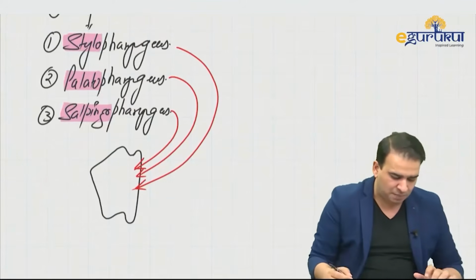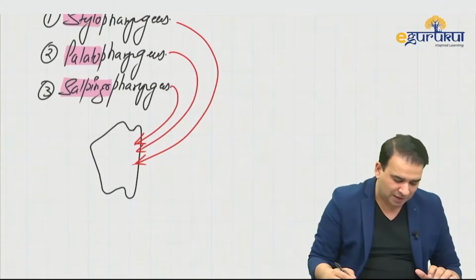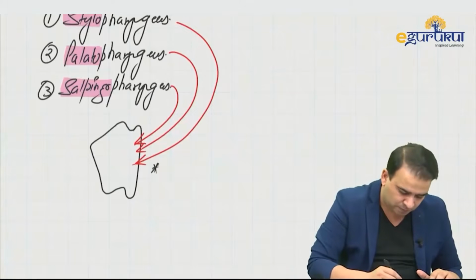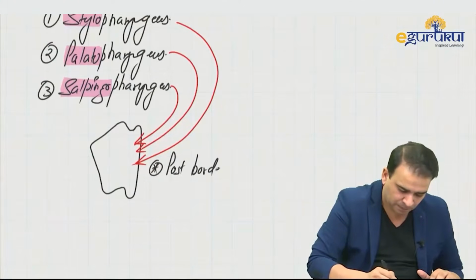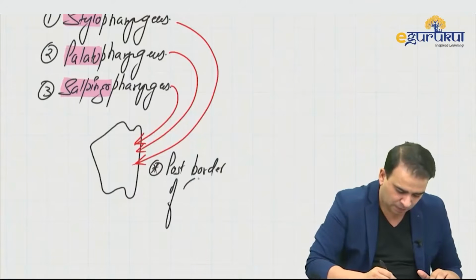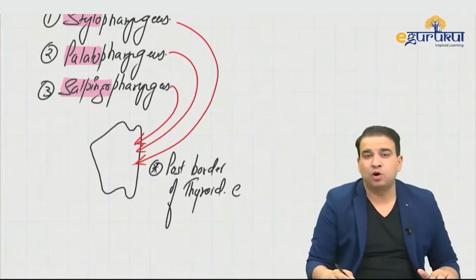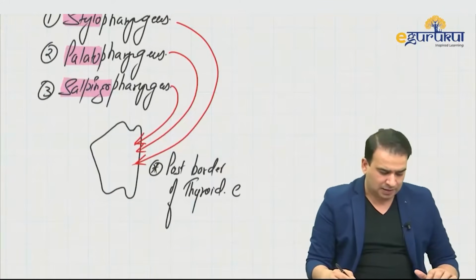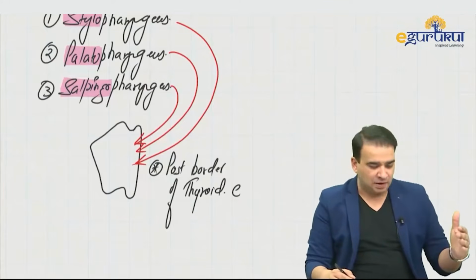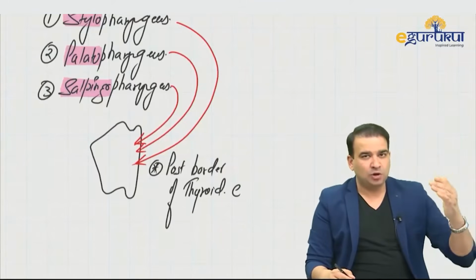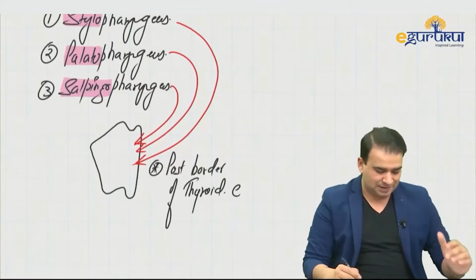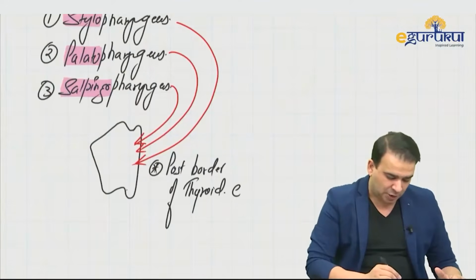Salpingo, stylo, and palatopharyngeus, they all come down and insert on the posterior border of the thyroid cartilage.